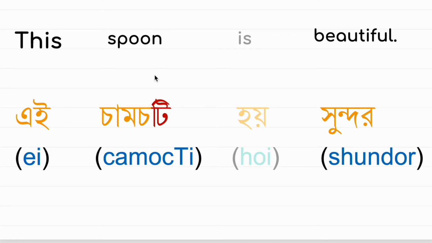It sounds so artificial. So a native speaker of Bangla will add this article ti with the noun. So whenever we are using a noun, we will definitely use ti or ta with that noun. Ti or ta means the, so it's the article. So instead of saying ei chamoch sundor, you will have to say ei chamochti sundor.